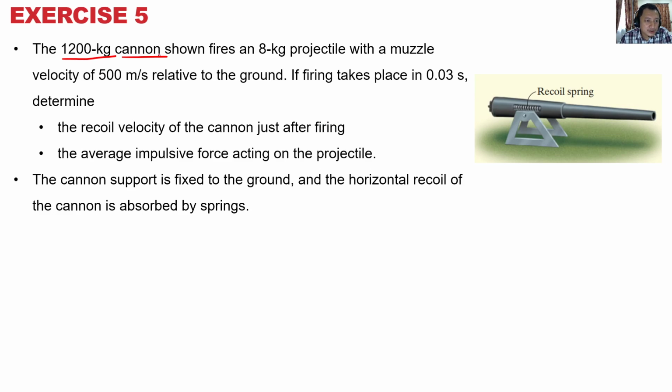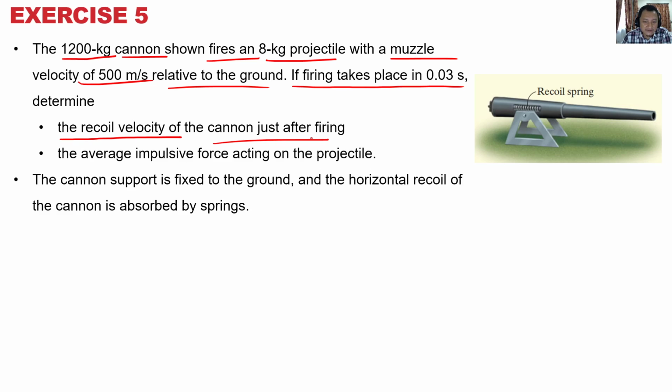12,000 kilogram cannon fires 8 kilogram projectile. Muzzle velocity 500 meter per second relative to the ground. If the firing takes place in 0.03 second, determine the recoil velocity of the cannon just after firing. Recoil, it goes backwards. Average impulsive force on the projectile.